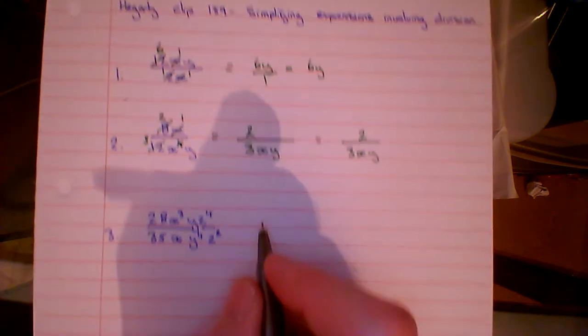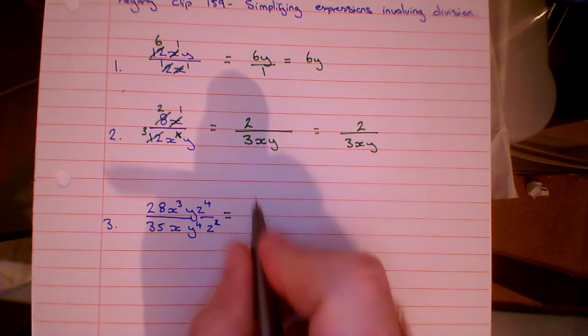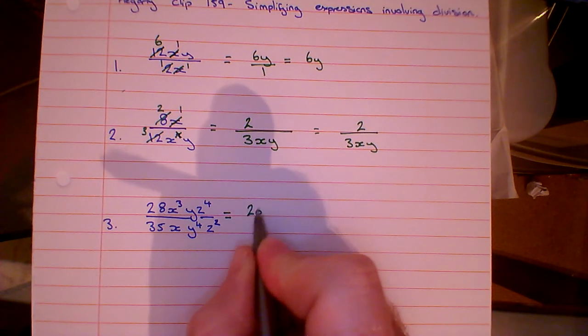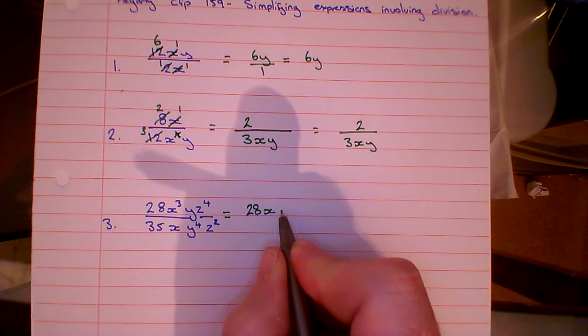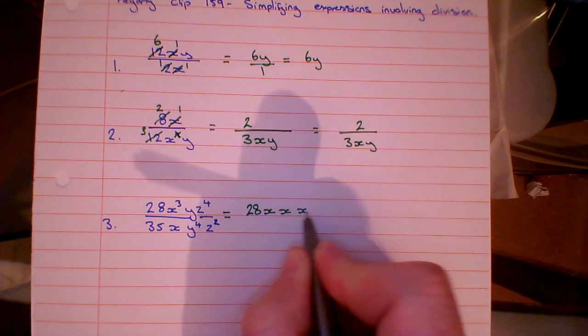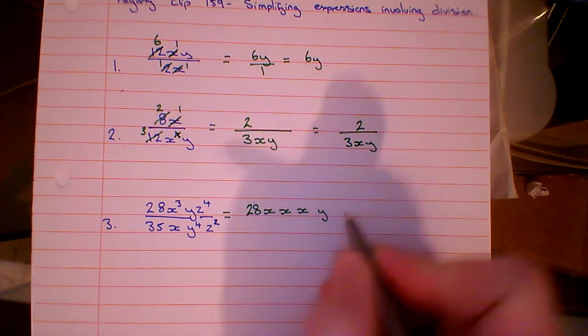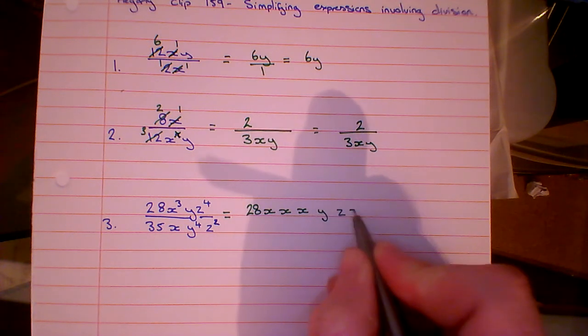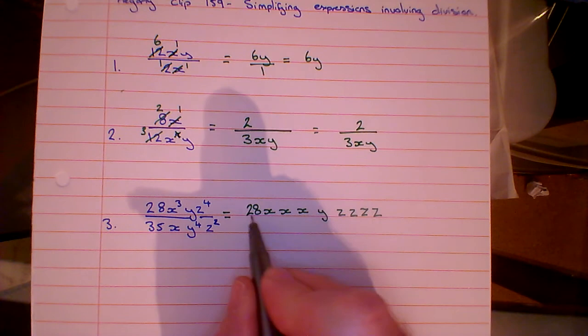And just to show you, in this last example, I'm going to write this out in full. So what this is is 28xxyzzzz, because z to the power 4 at the top.